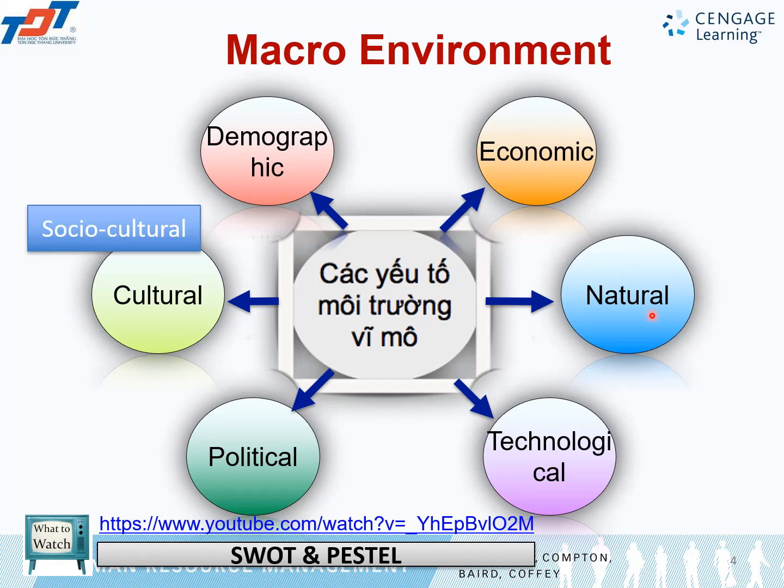Next is the so-called natural or environmental factors. Now, when you think of natural factors, think of nature, think of earthquakes, think of floods, all these aspects of nature that actually can have an influence on our company.